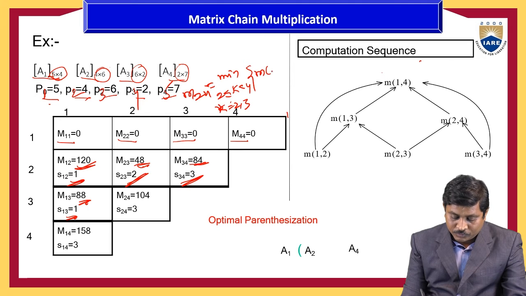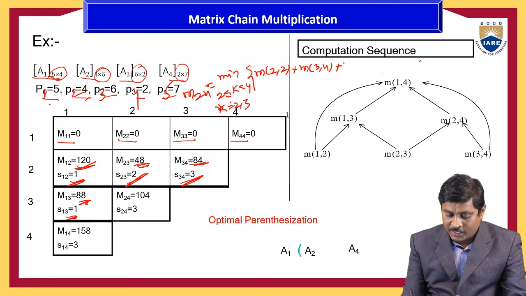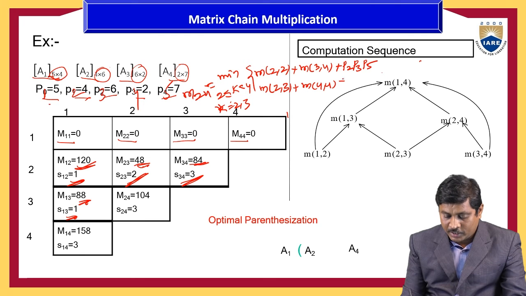First take k equal to 2: M of 2,2 plus M of 3,4 plus P2 into P3 into P5. Then k equal to 3: M23 plus M44, with P2, P4, P5.